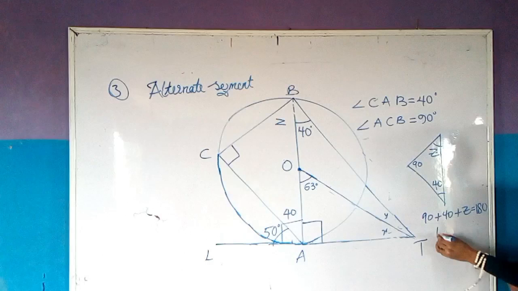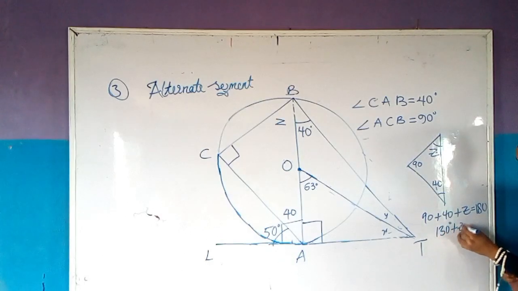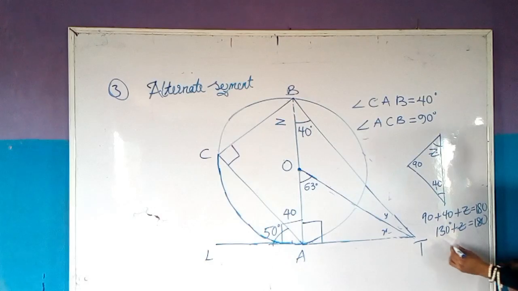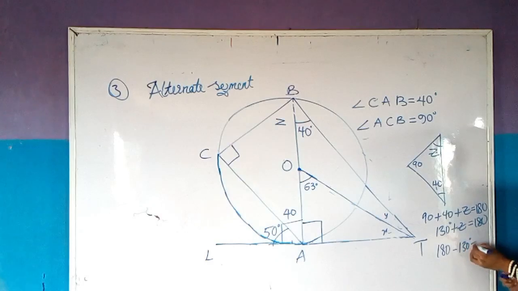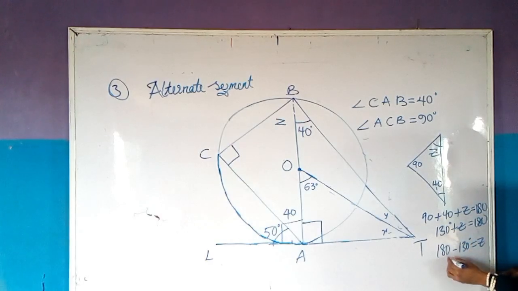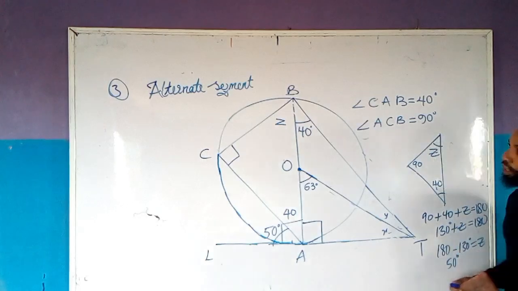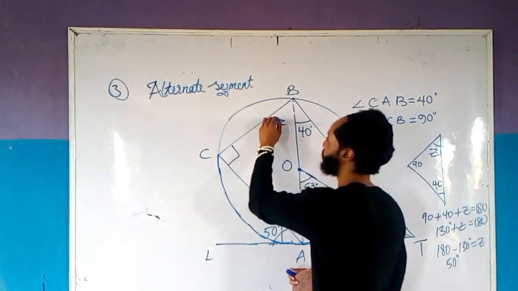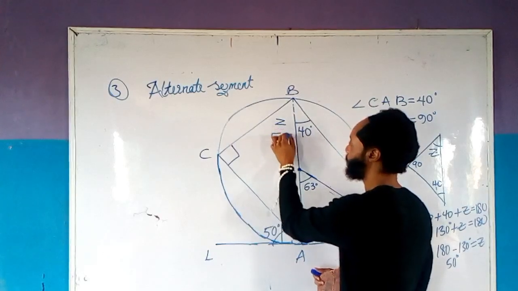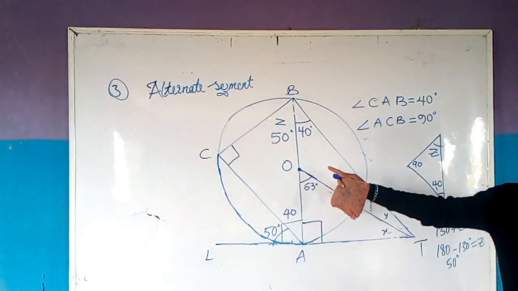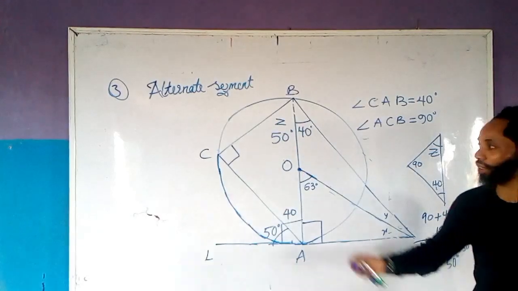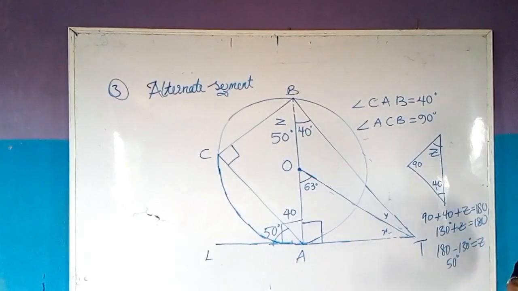These two will give us 130, so 130 plus Z equals 180. So 180 minus 130 equals Z. This is going to give us 50 degrees. Hence, our Z is 50 degrees. I can write it here. Is it clear? Okay.